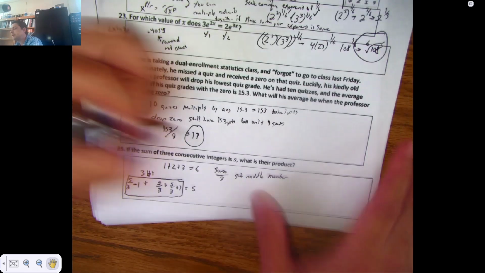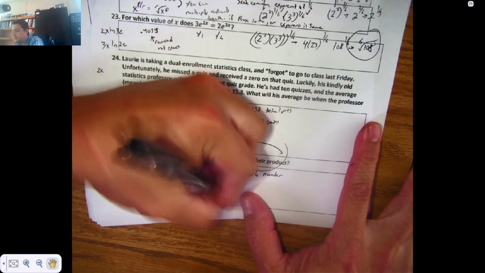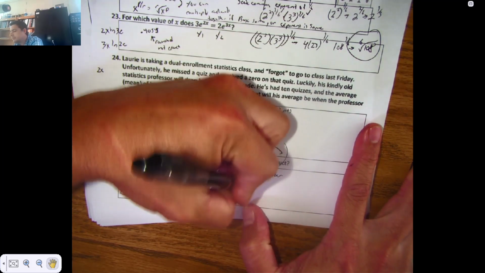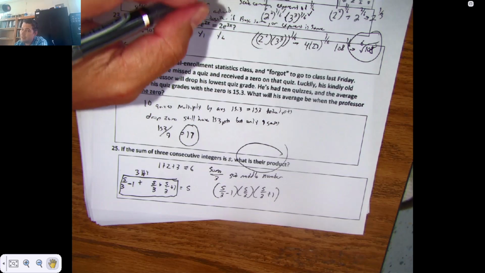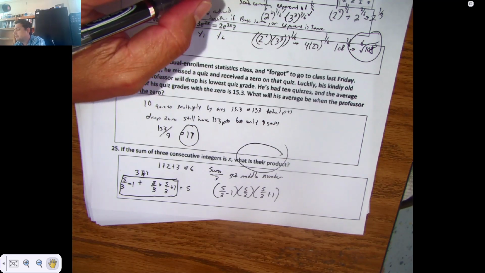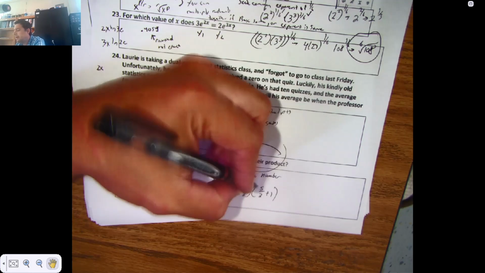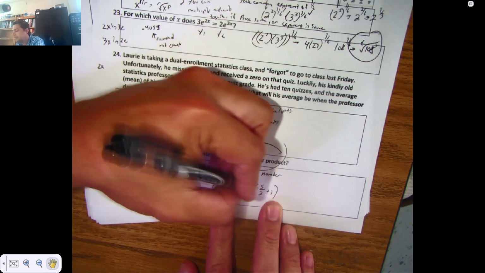Now, your job is to find their product. So you're supposed to figure out what s over 3 minus 1 times s over 3 times s over 3 plus 1 is. That's not quite as easy, now is it? I would take these first. That's what I would do.